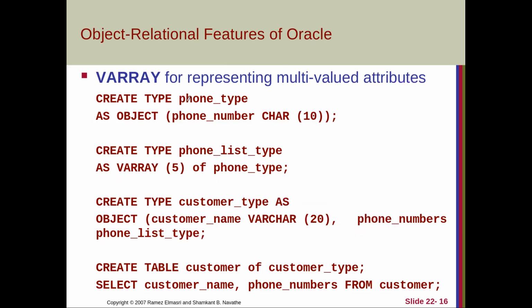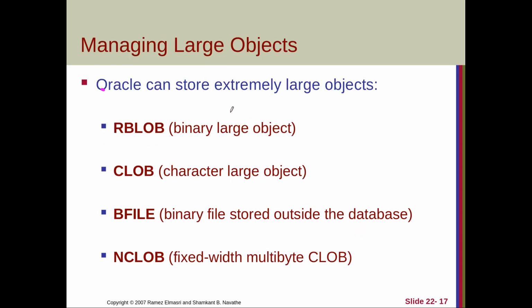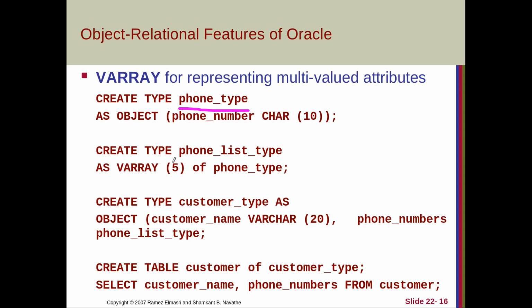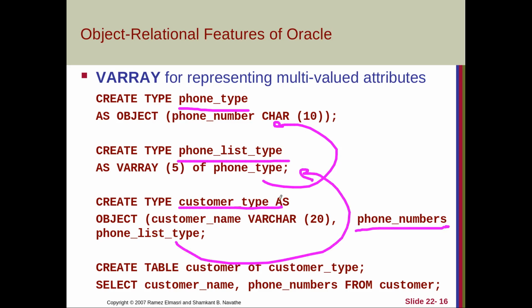So we are creating a font type. Then I am creating a font list type, which is a V-array of font type. Now I am creating a customer type, that is we are creating another type where within the attribute I can use this V-array type. Then we can create a table on any of these types, and we can select the different elements by using a select statement.